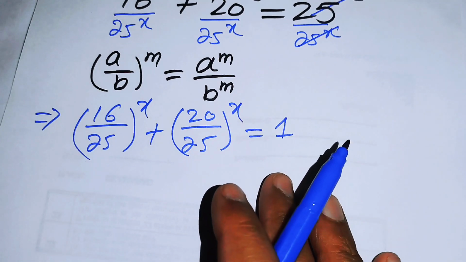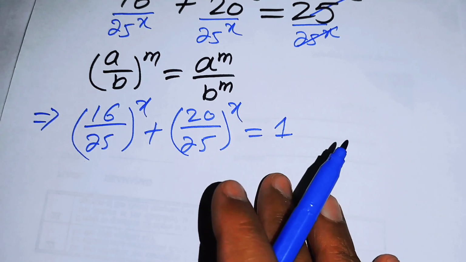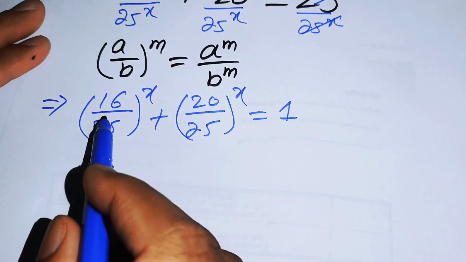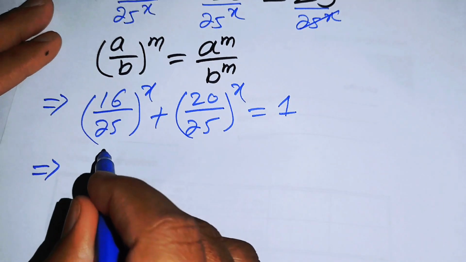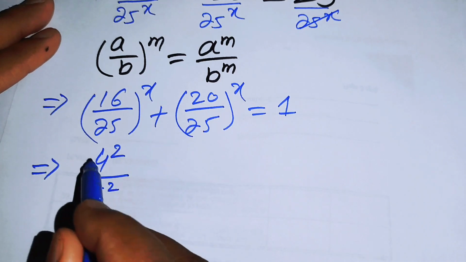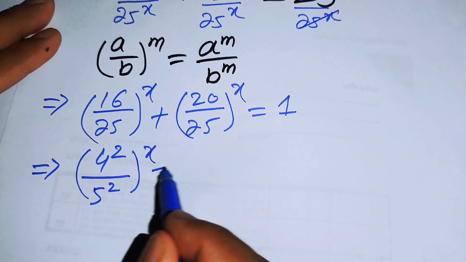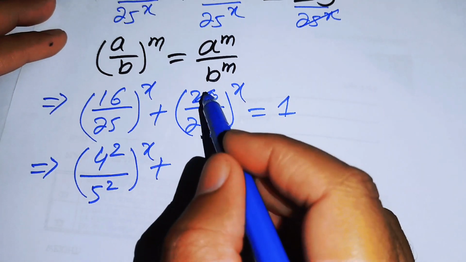After that we will again rewrite the term 16 over 25. We can write 16 as 4 square and 25 as 5 square and its whole power x plus, now we can cancel out these terms, so we can cancel a factor of 5.